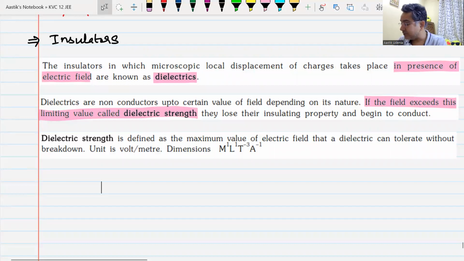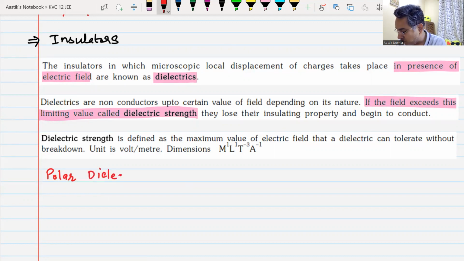The first one is a polar dielectric. Now, my chemistry is very weak, but I see that you get almost 100 in chemistry. So what do you mean by a polar dielectric? You will tell me because you are getting a lot of marks in chemistry. What are polar dielectrics? We don't know.